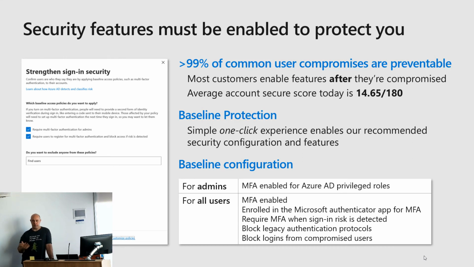A lot of them have gone through MFA setup for other bits and pieces. What you'll probably need to do is wean them off Google Authenticator onto Microsoft Authenticator so that we can start using things like passwordless, etc. But this is one of those areas where this really should make a huge difference to some of those attacks that are taking place at the moment.